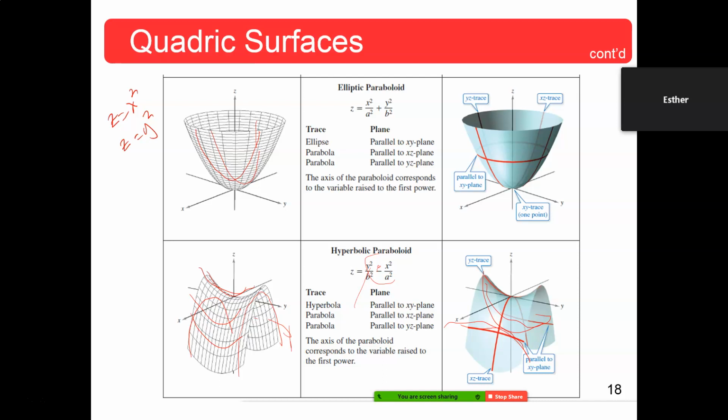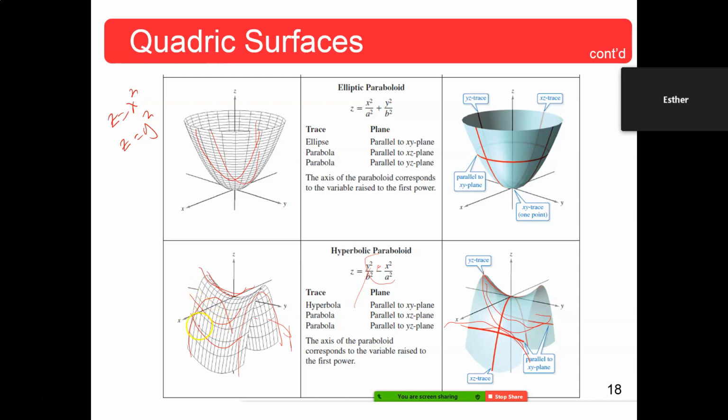Elliptic paraboloid, because these traces here are parabolic, and the traces parallel to the XY axis are elliptic. Here the traces parallel to the XY axis are your hyperbolas.